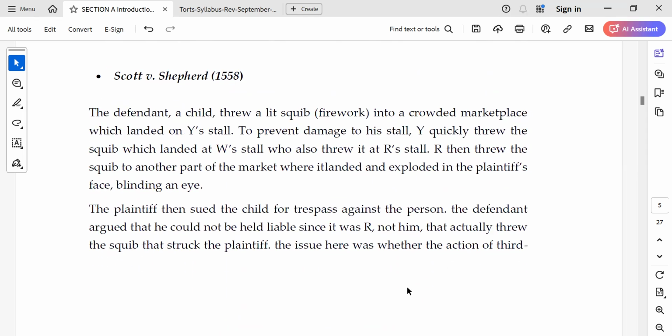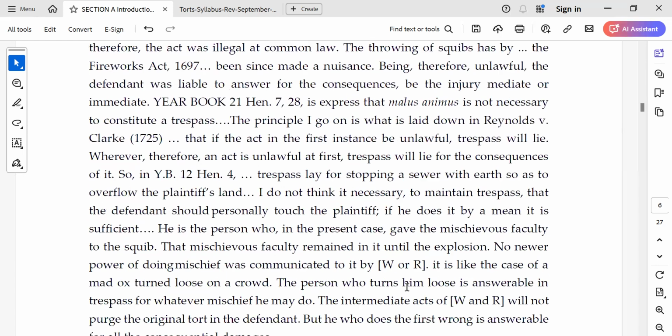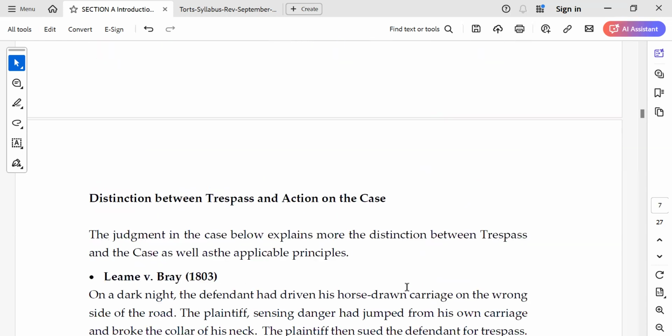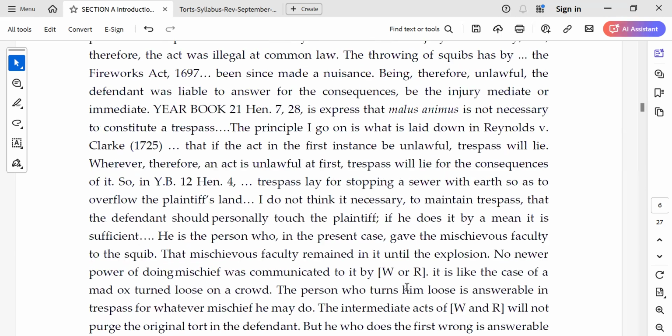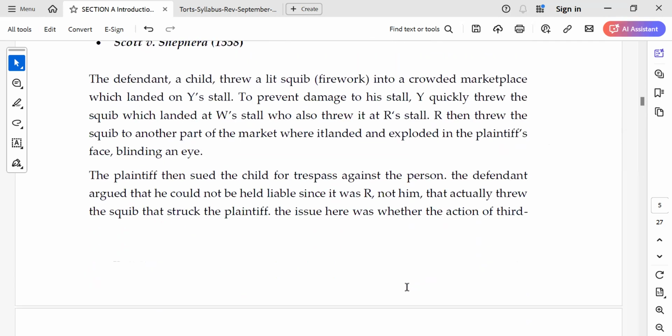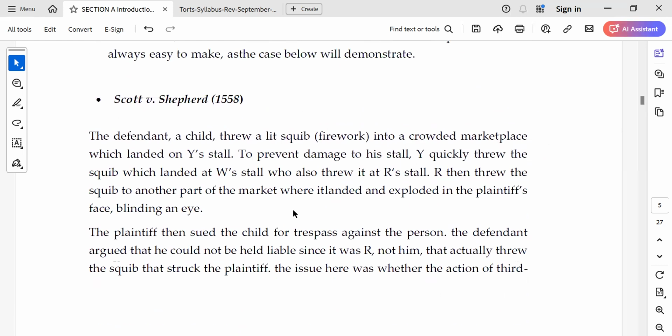There is a case of Scott versus Shepherd. Okay, we'll just finish with this case and then we'll continue in the next class. So Scott versus Shepherd, 1558.